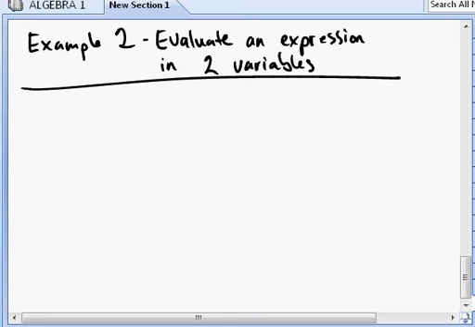All right, so example 2. I'm going to read this. You can read it to yourself. Movies. The total cost of seeing a movie at a theater can be represented by the expression A plus R. That is the total cost, is A plus R. Where A is the cost in dollars of admission.